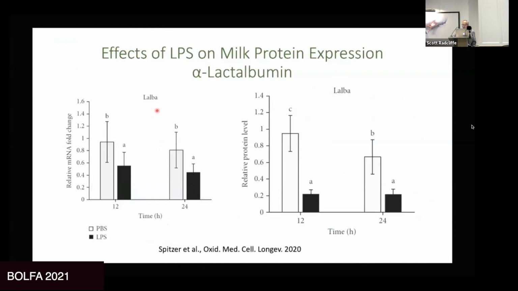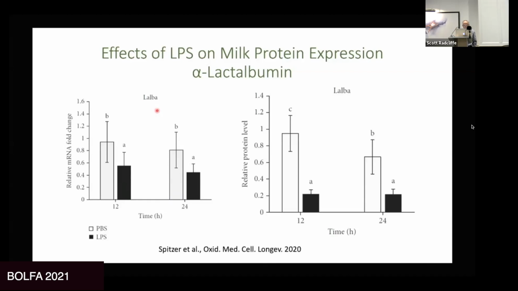So let's talk about the data for this one. Unfortunately, we couldn't measure milk yield in mice, but we could measure milk protein synthesis. So we studied several major milk protein expressions, at mRNA level and protein level. This one showed alpha-lactalbumin.